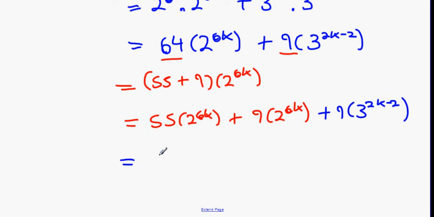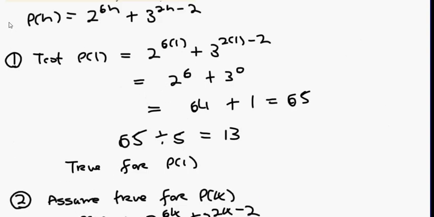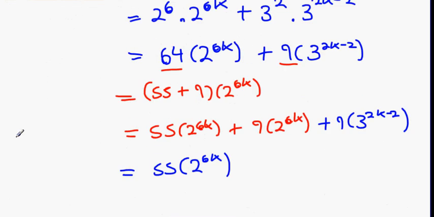Now, this is going to be 55 by 2 to the power of 6k. And then we're going to factorize out the 9, and we'll get 9 into 2 to the power of 6k plus 3 to the power of 2k minus 2.